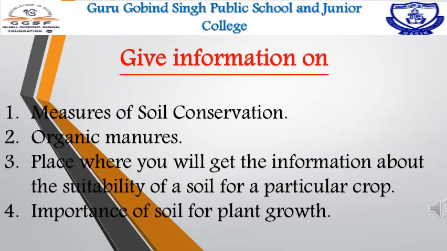Next one is the importance of soil for plant growth. It is very important, children. Soil is indispensable for the production and growth of plants, and plants are the important components of the living world on the earth. Soil also provides support to the plants, and in regions having fertile soil, vegetation is abundant, that is the equatorial region.